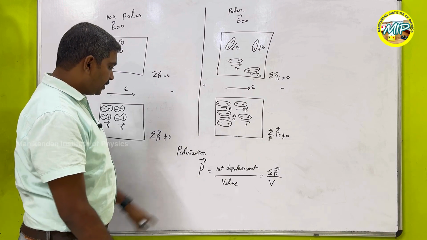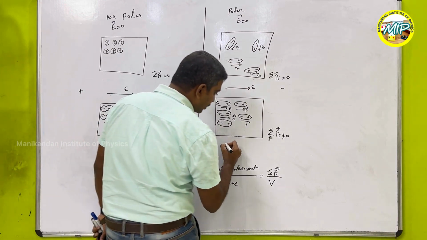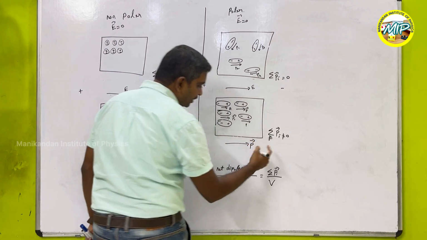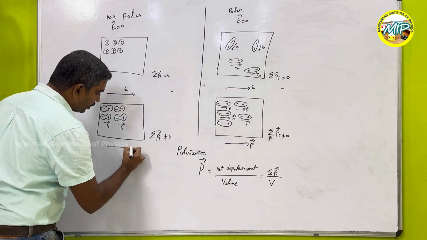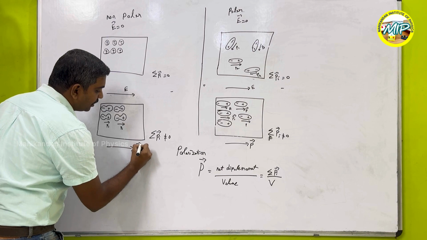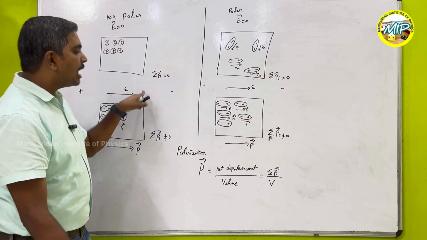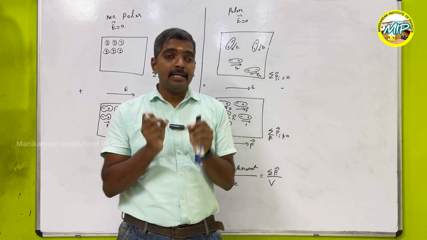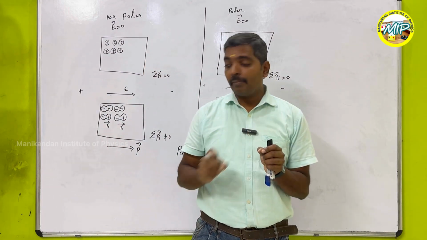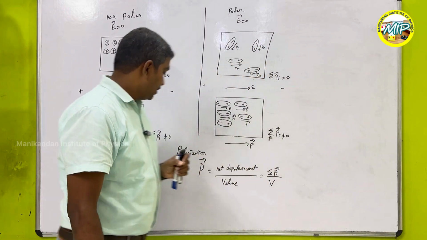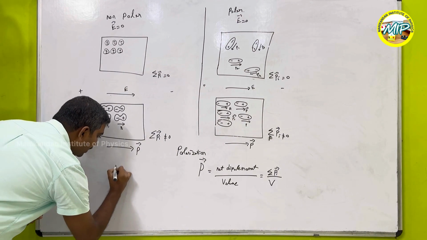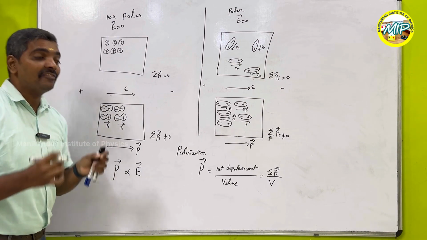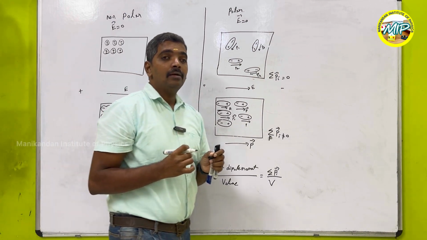In this case, my polarization vector is in this direction, because all the dipoles are in the same direction. So here also my polarization is in this direction. My polarization is directly proportional to my electric field. So if the external electric field increases, the polarization of the material also increases.